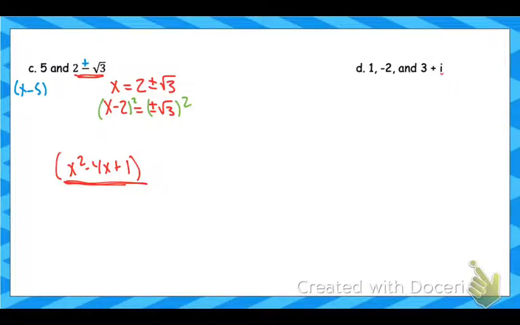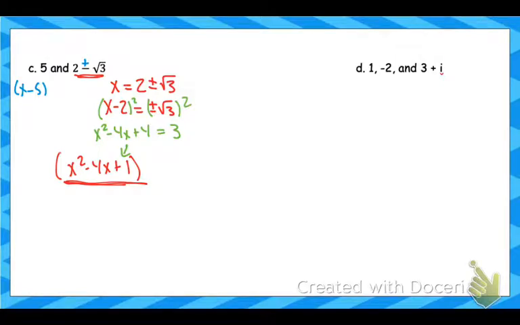So that means I'm going to square, double, and square. And then when I square the square root, it doesn't matter if it's plus or minus. Negative times negative is positive. Positive times positive is still positive. So either way, I'm going to get 3. Set it all equal to 0, and I end up with the exact same thing that I had using the other method.